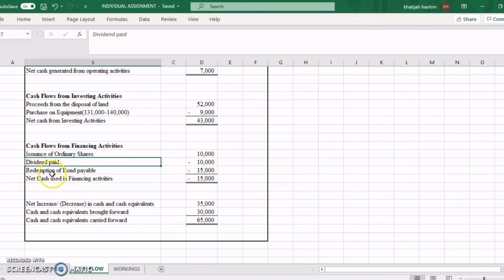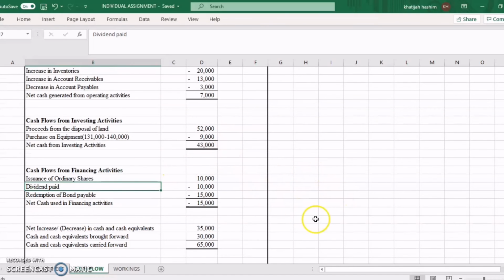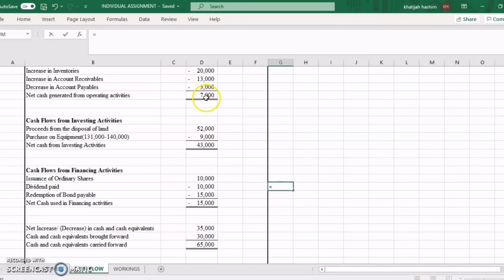We also have the redemption of bond, or payment of bond payable, of 15,000. So net cash used in financing activities is negative 15,000.